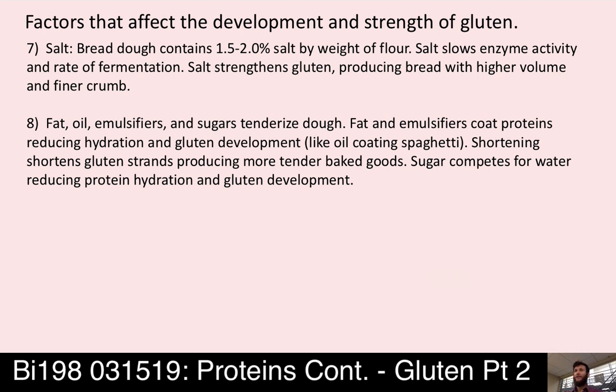Anybody else have anything they want to share? She made herself gluten-free. Was she a celiac, or she just wanted to stop gluten? Mm-hmm. Anyone else have anything to share? Yeah.